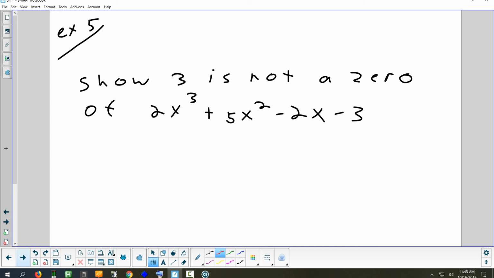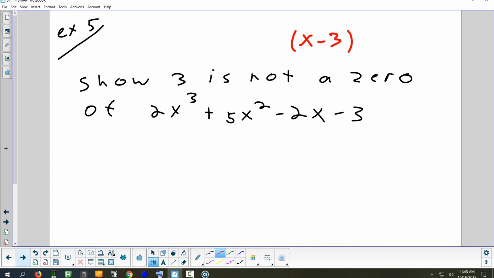Instead of showing 3 is not a root, I'm going to show that x minus, what do I want to show is not a root? 3. I'm going to show that x minus 3 is not a factor.